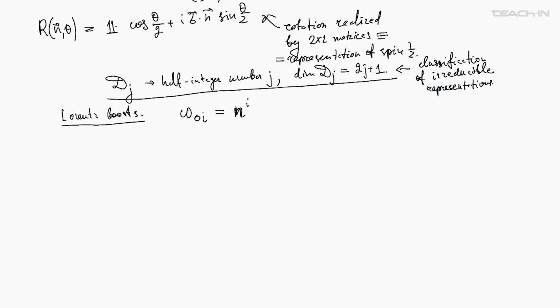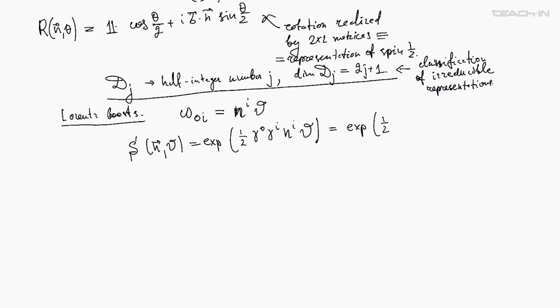And then this matrix of Lorentz boosts S(n, vartheta) is given by exponential of 1/2 gamma_0 gamma_i n_i vartheta, which is the same as exponential 1/2. And then you recall that gamma_0 gamma_i is nothing else than the original matrix alpha_i, which I introduced discussing the Dirac equation.